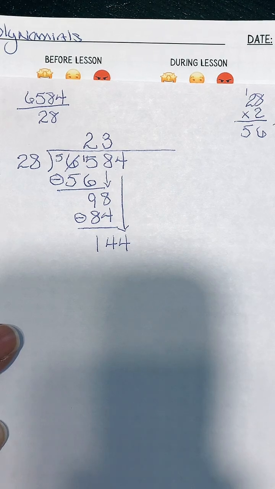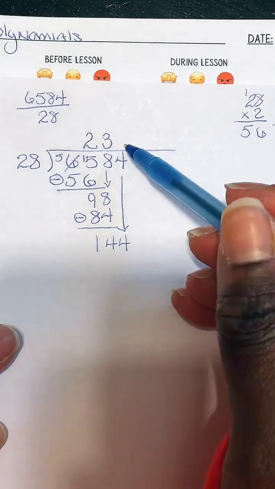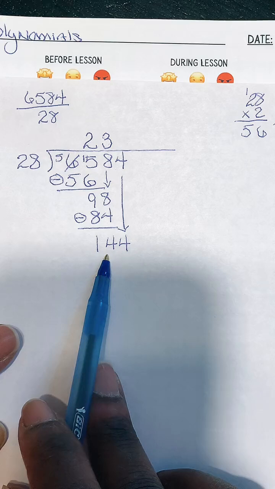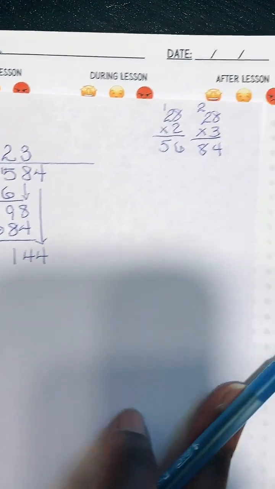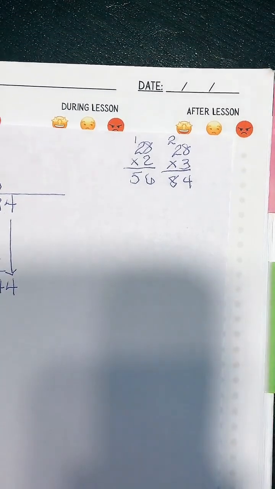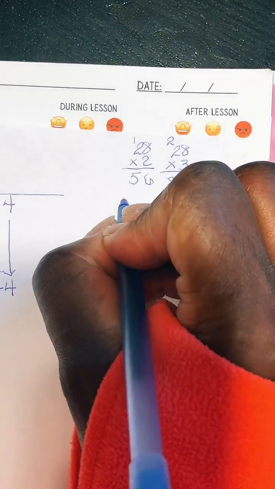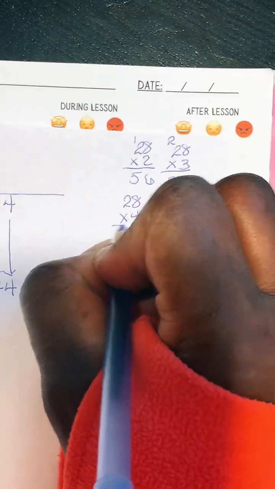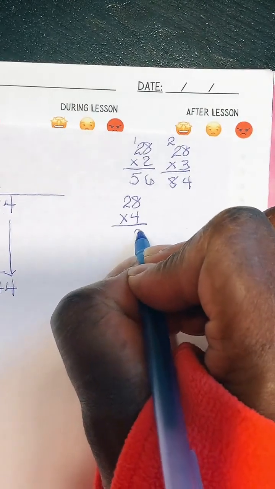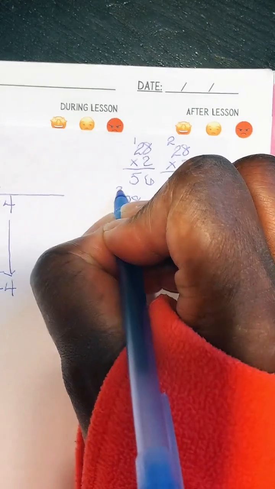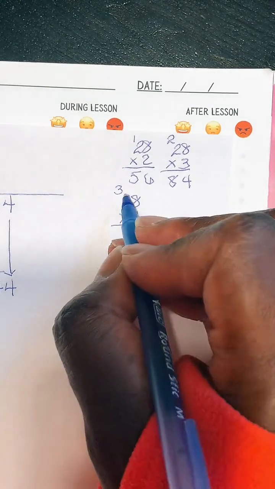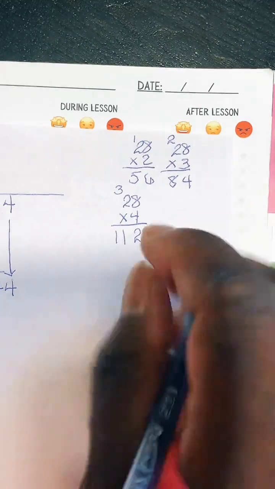So now we need to think, how many groups of 28 can go into 144? Well, we already know that 28 times 3 gives me 84. So let's see. Well, it's 28 times 4. So we have our 32. So the 2 goes down, 3 goes over top. 2 times 4 gives me 8, plus 3 gives me 11.